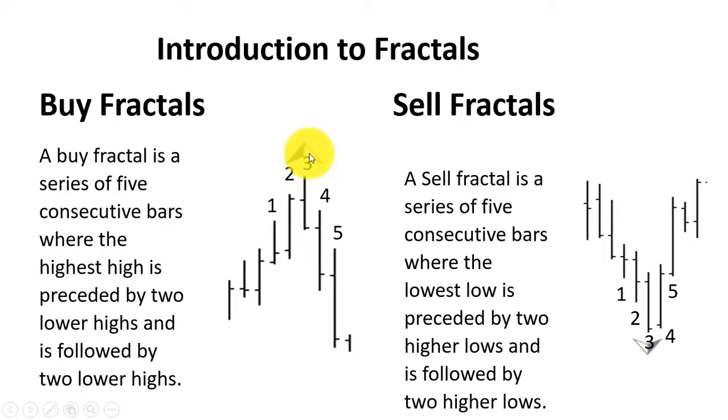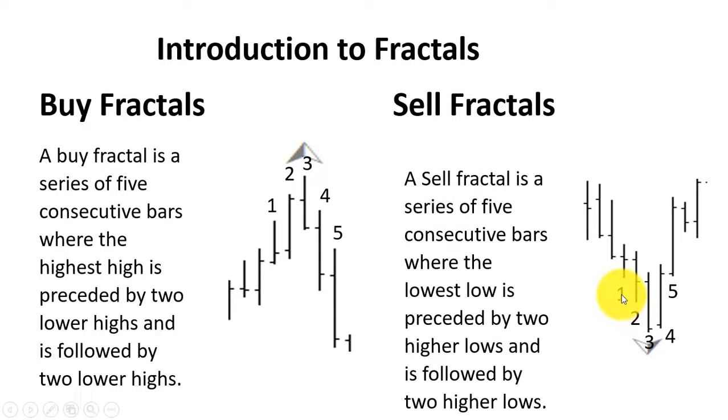Okay, so that is the fractal. B. Williams says this is a buy fractal. This is where we buy. The opposite is the case for the sell fractal. A sell fractal is a series of 5 consecutive bars where the lowest low is preceded by 2 higher lows and is followed by 2 higher lows. It's easier on the picture as well.